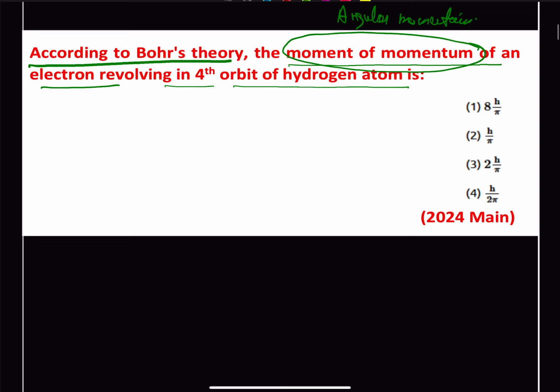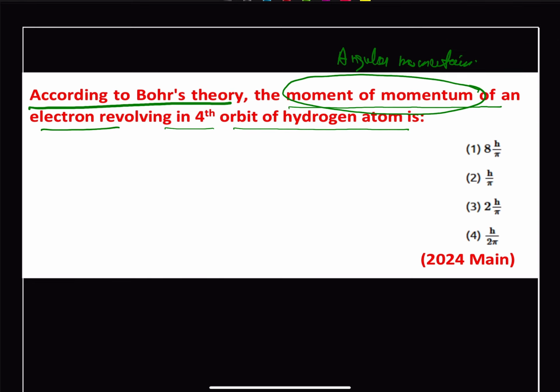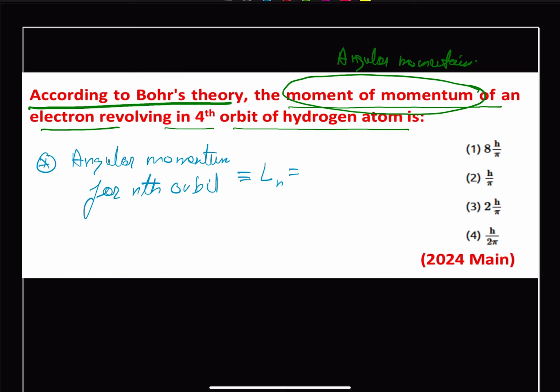And for the nth orbit, we already know the standard formula. So we can say angular momentum for the nth orbit, that is our L of n, is equal to n multiplied by h upon 2 pi.